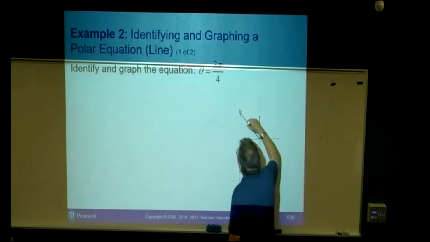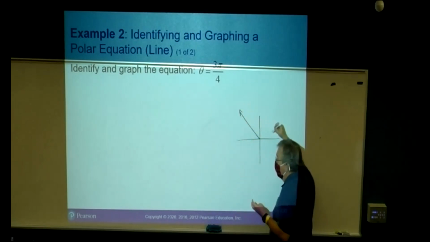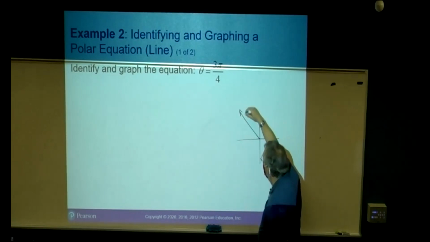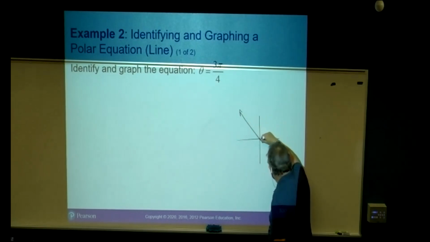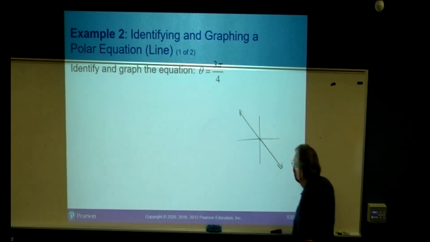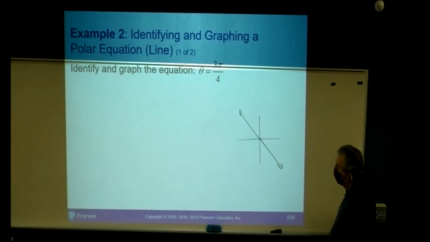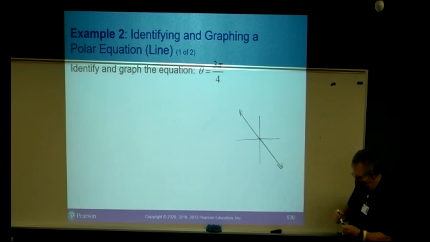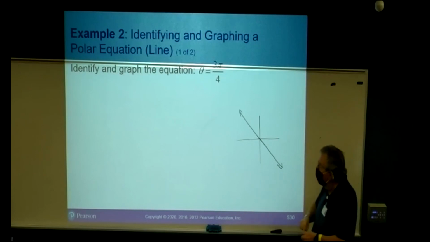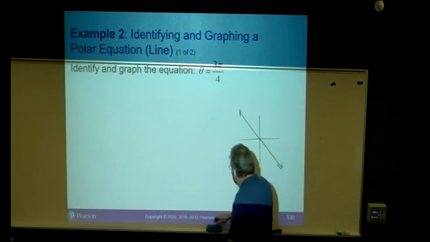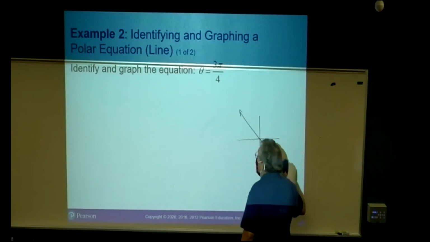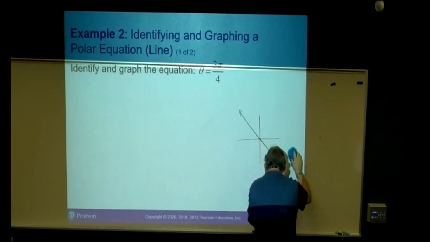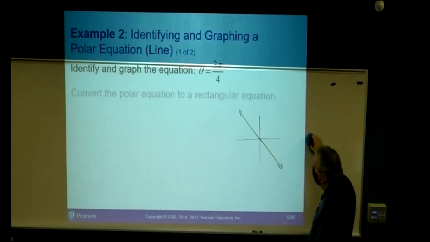That's this ray, but they're not designating the radius. So the radius could either go in a positive direction or in a negative direction. So it's a straight line going through the origin, or through the pole, and it's at a 45-degree angle. One of the 45-degree angles. Clear picture.